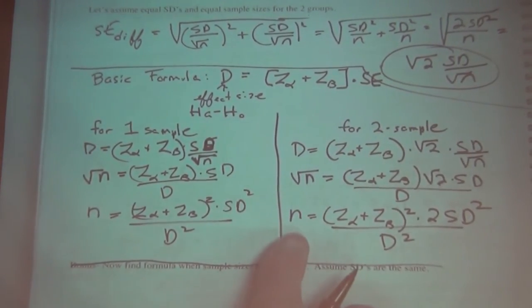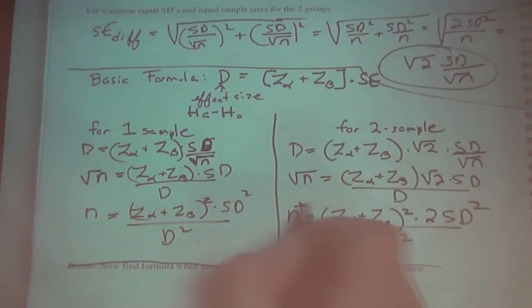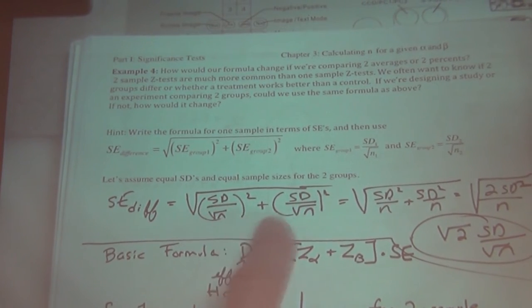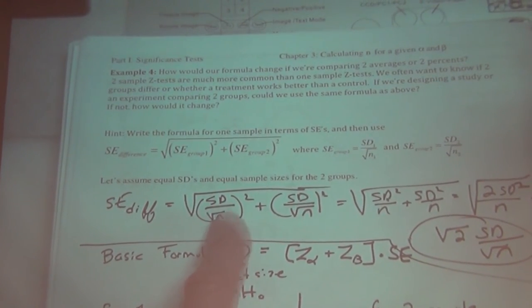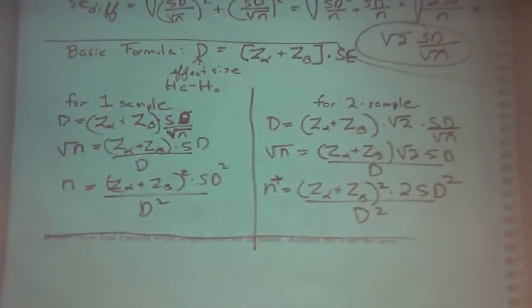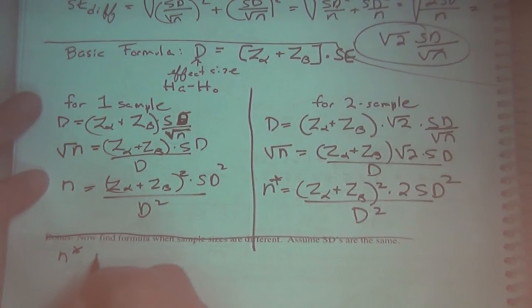Now, what is n? I just want you to see right here. This n, just don't get confused, is what? For each sample. I'm saying they're the same, so it's for one sample. So you have two samples here, so just be careful about that, okay? So n is the sample size for each group.